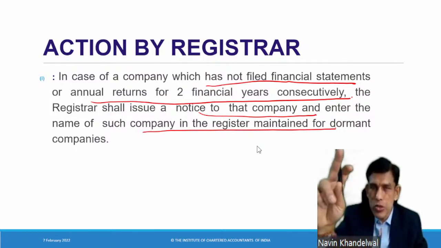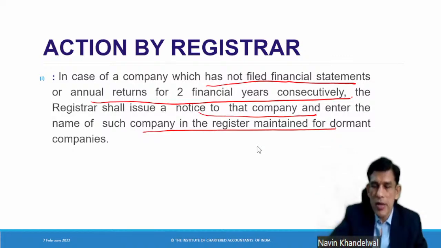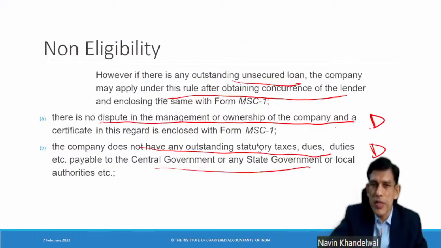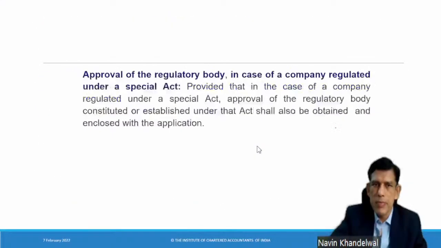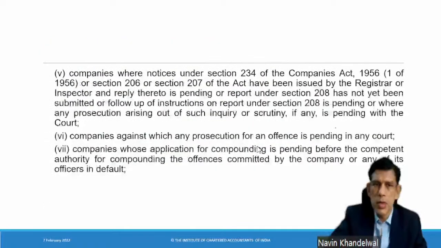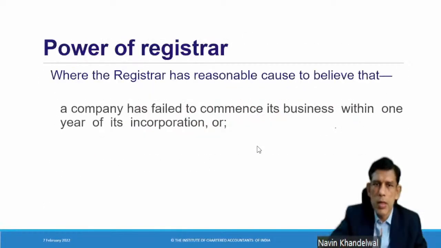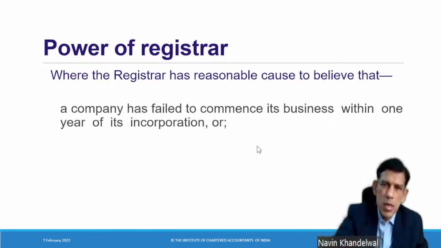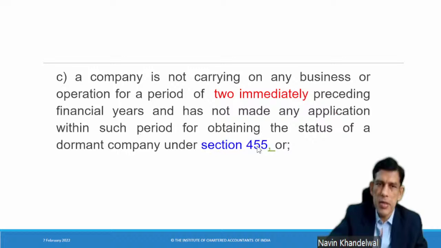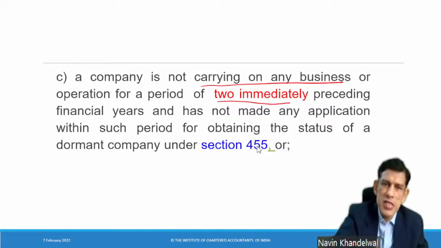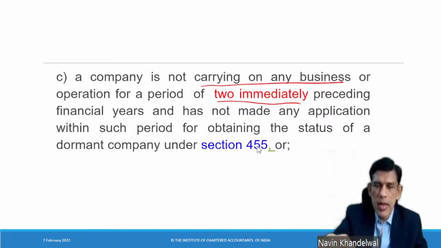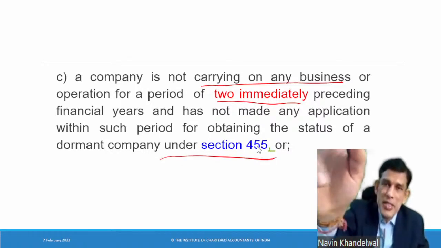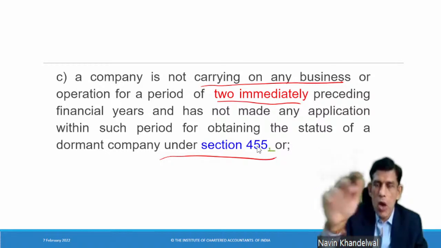Now, don't get confused with the power of the registrar for striking off the company's name. Remember, for removal of the company's name: commencement of business within 1 year, not carrying on business for a period of immediately 2 preceding financial years, and they have not obtained the status of a dormant company.